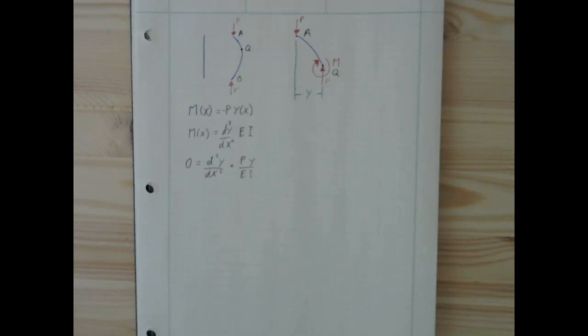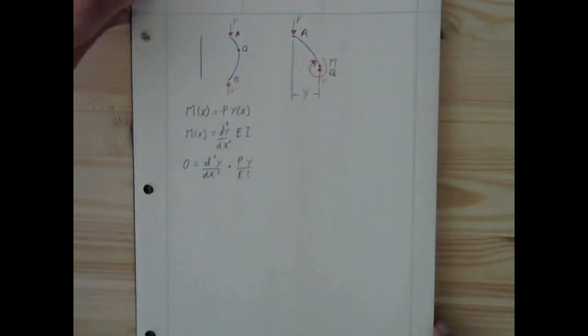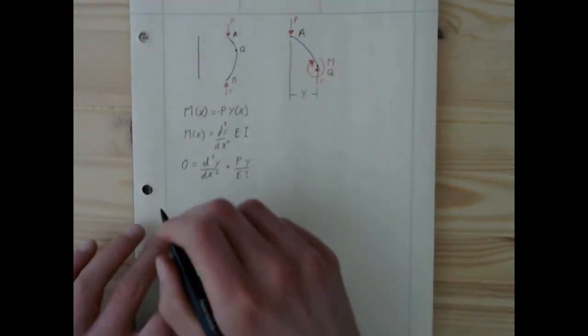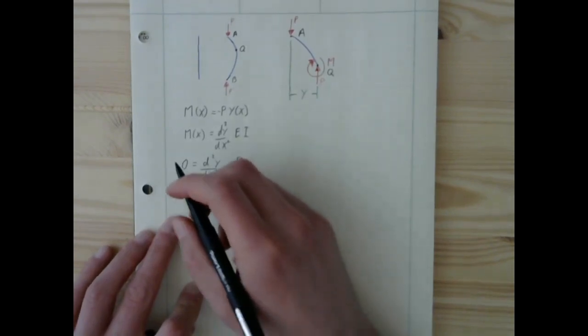That isn't a requirement for this class, and you're right. So I'm not going to make you solve this equation as a differential equation. I'll just give you the solution given to us by Euler.